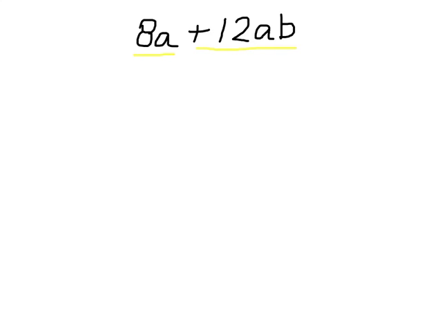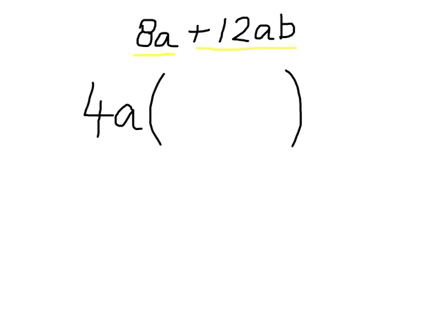So we find our highest common factor of number, and in that case it's 4. Okay, because we can divide 8 by 4 and 12 by 4, and that's the highest number we can divide it by. But we've also got to look at the letters, the variables. Now a is in both terms, and there's only one a, so we can actually have a as part of our highest common factor. So now put that in brackets.